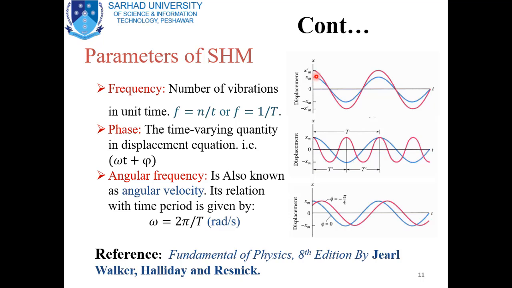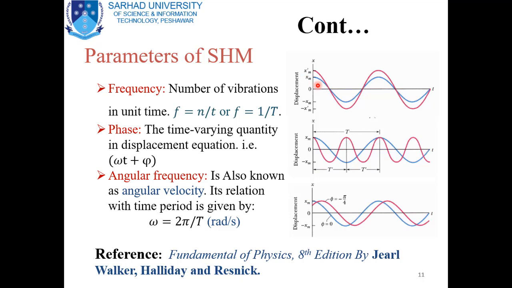Here the amplitude of the red wave is greater than the amplitude of the blue wave, but you can see that the displacement of both waves comes to 0 at the same time, and they move to the maximum displacement at the same time, and then come to 0, and then to the positive maximum displacement, and then 0. So in the first figure, the frequency of the 2 waves is the same, but the amplitudes are different.